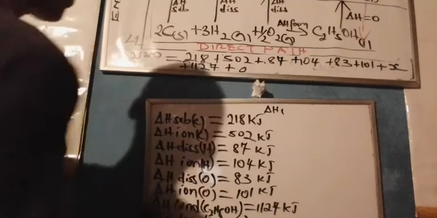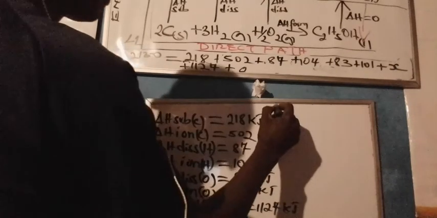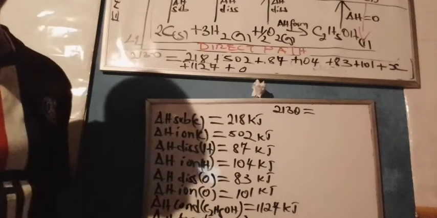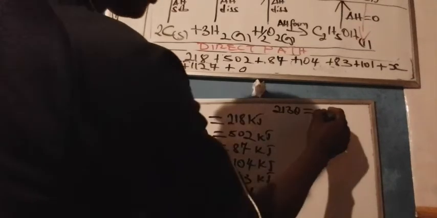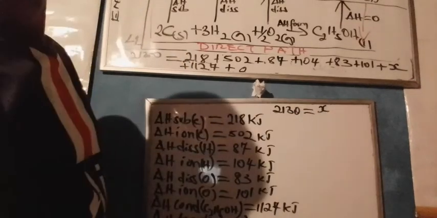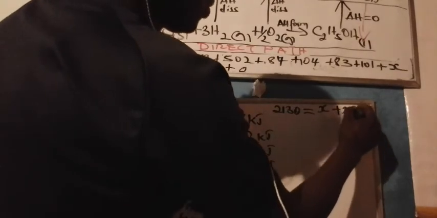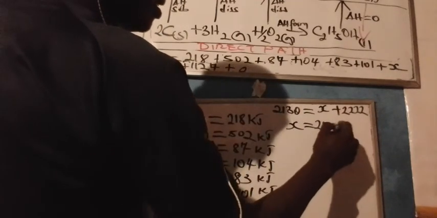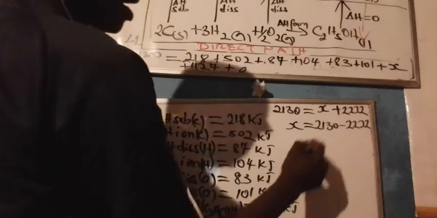So as we quantify these values, what we end up with is a relationship of the form 2130 is equivalent to X plus 2222. So we make X the subject. In this case, we have 2130 minus 2222. And what do we get?